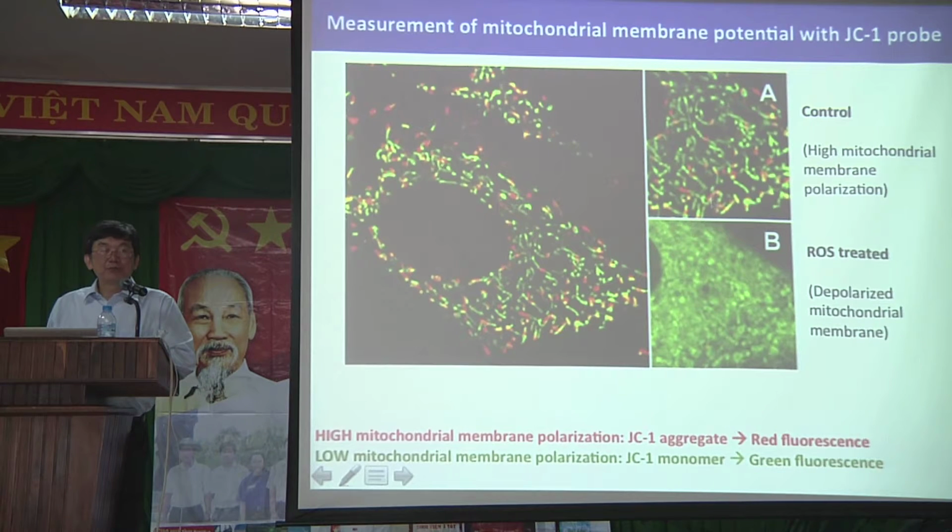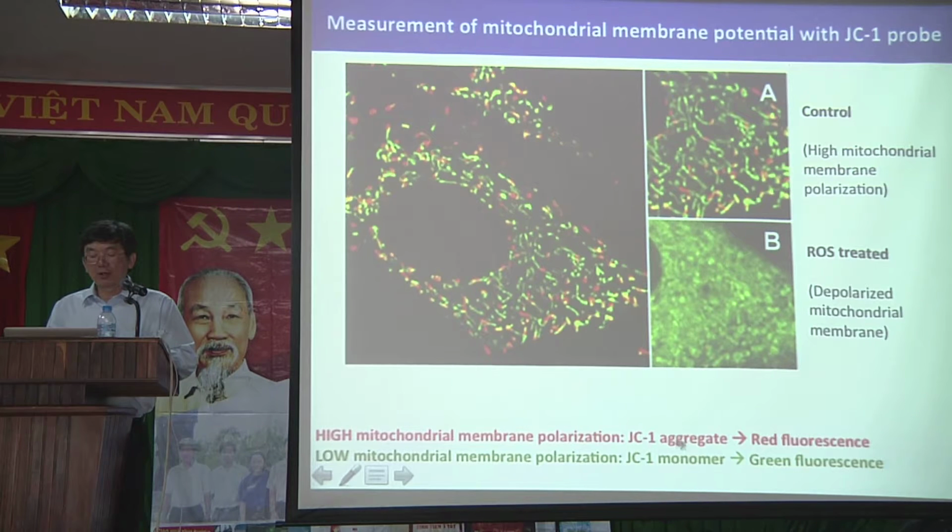And for measurement of the mitochondria, to look at the mitochondrial potential, there's a methodology that uses a fluorescent dye. This dye is called JC1. This fluorescent dye has a characteristic that when the mitochondrial membrane is polarized, the JC1 is concentrated inside the mitochondria, and at high concentrations, they form aggregates.